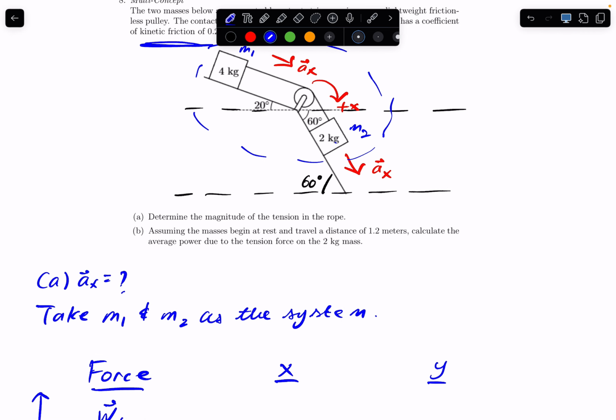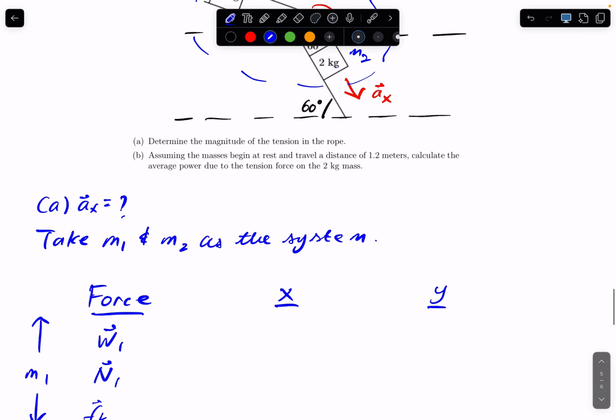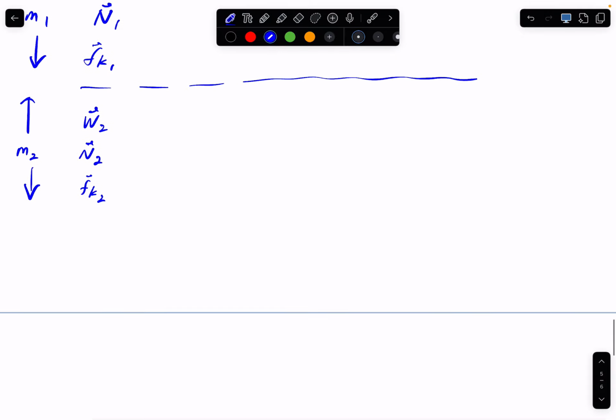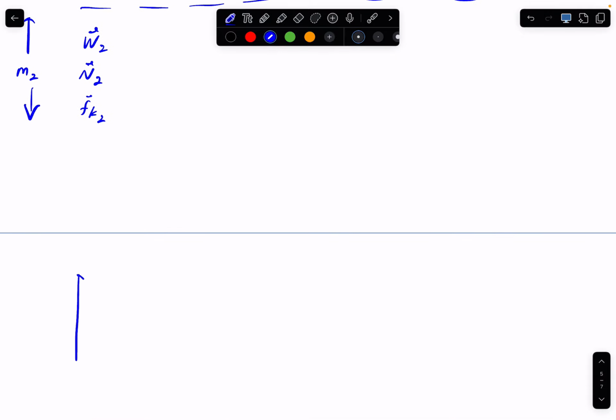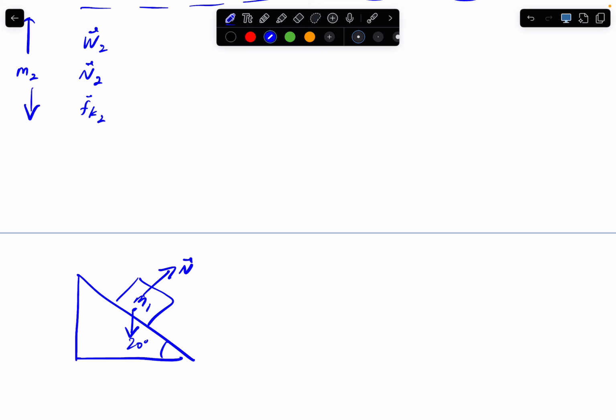So for M1 over here, let me draw that out. That's a 20-degree ramp. M1 looks like this. Weight points down, normal force points perpendicular, and kinetic friction points up the ramp. And we're defining positive x as down the ramp.